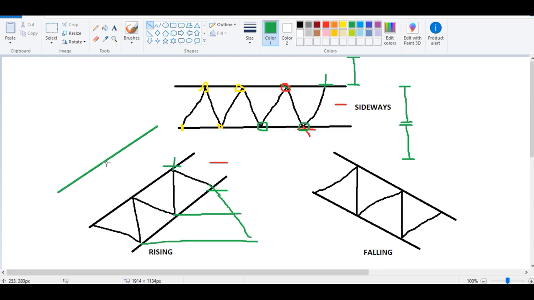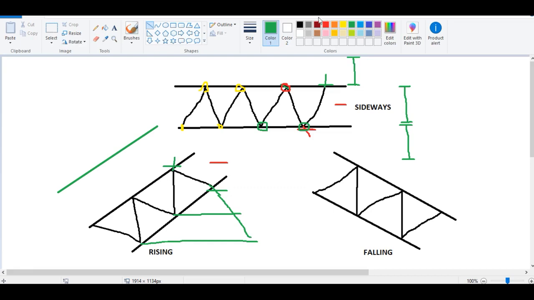So we draw a parallel line equidistant to the width of this rising channel, as you can see here. That will be my final target for this breakout. So this is how we trade the breakouts.